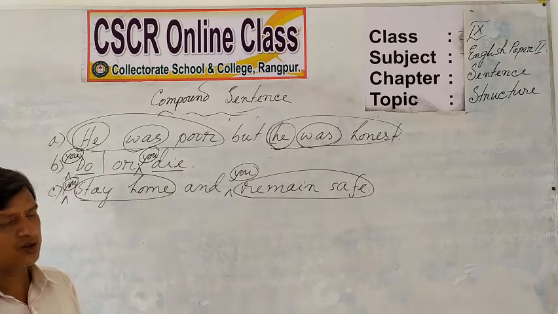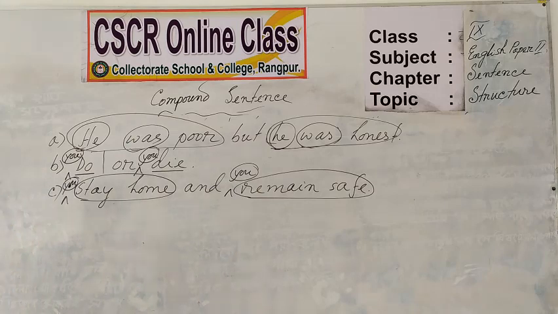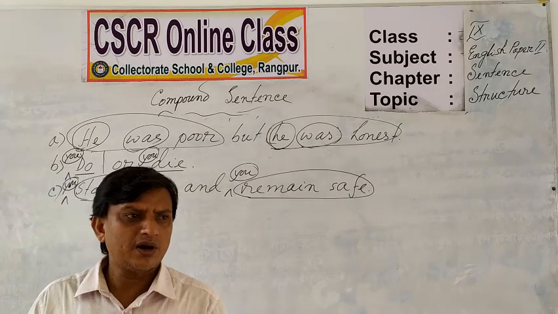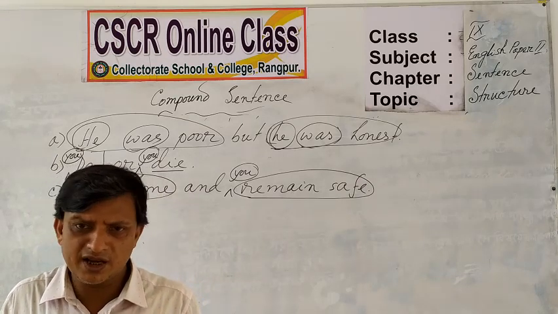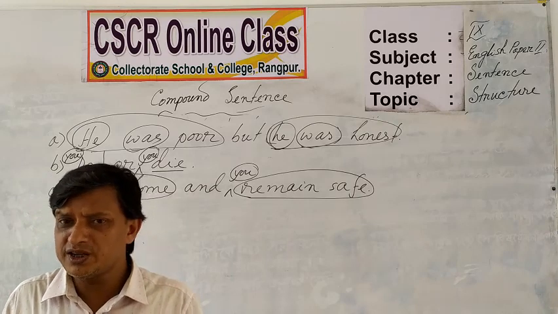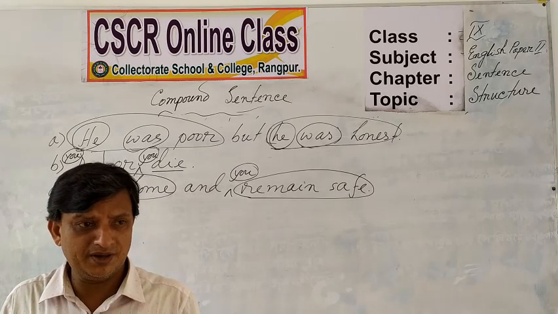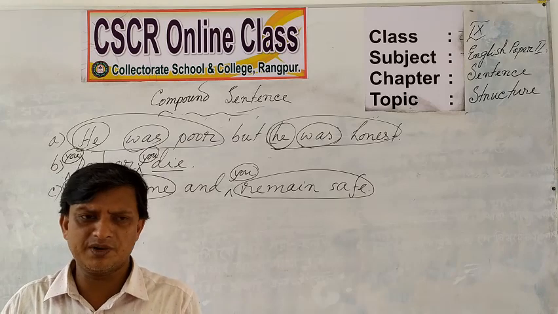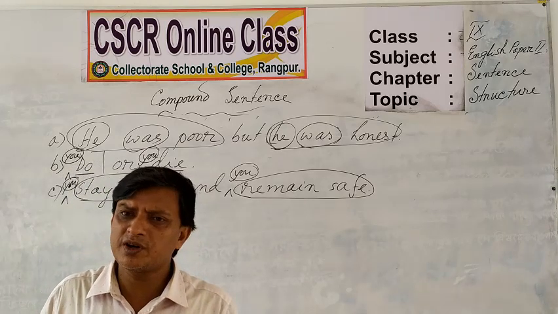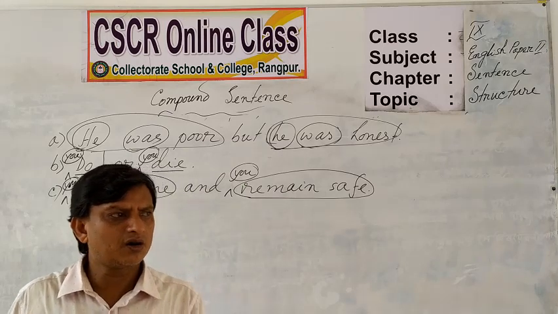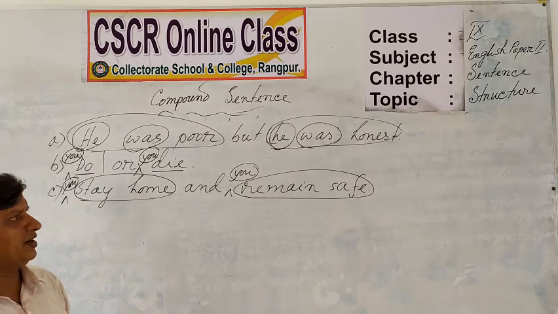Dear students, so what's the difference between compound and complex sentences? Again, I can remind you, dear students, a complex sentence has two parts. One part is dependent, another part is independent, or one part is principal, another part is subordinate. But in a compound sentence, both parts are independent or both parts have full meaning.